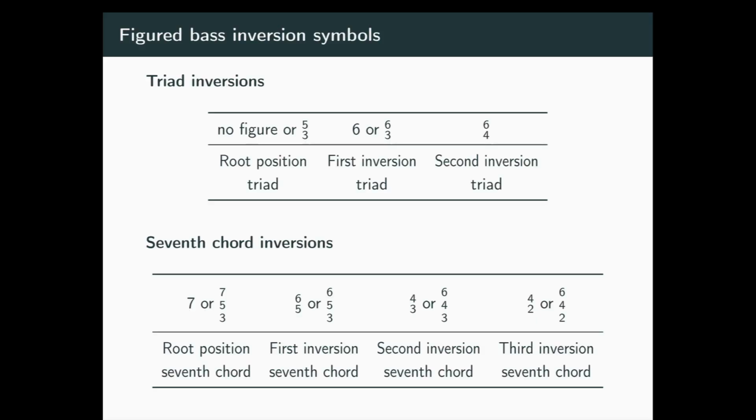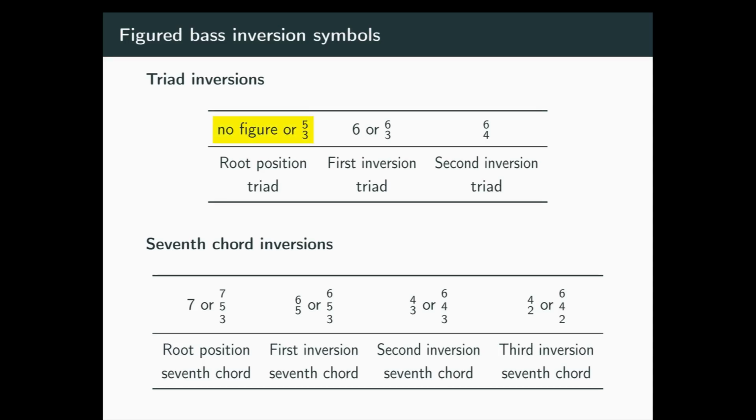So as I just mentioned, a root position triad's figure is 5/3. But since it's the default, it can be left blank. First inversion is 6/3, or usually just 6, since we only have to write figures that alter the default. And second inversion is 6/4.